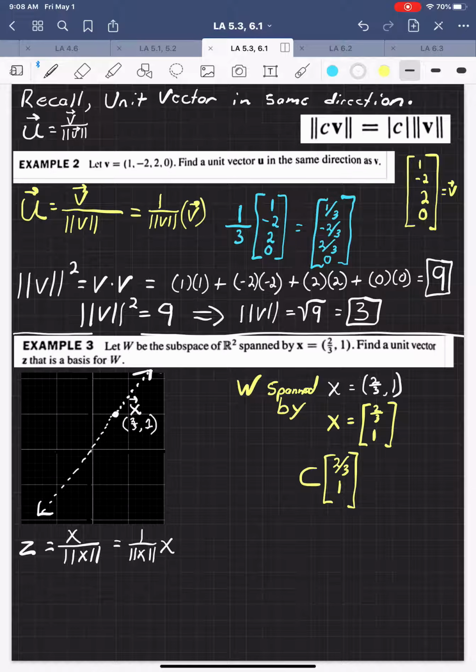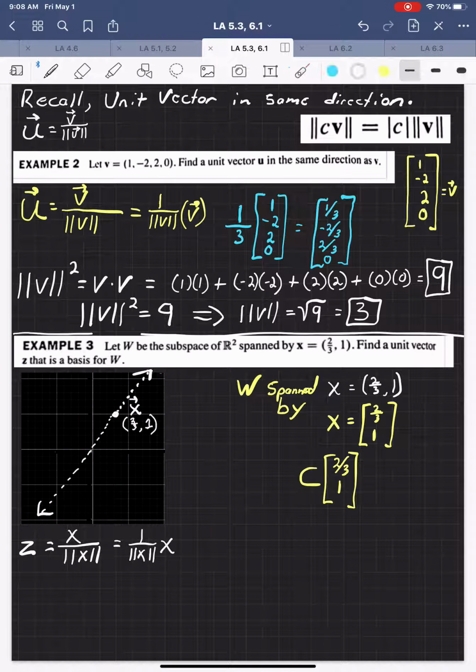All right. Now I will show you something that most textbooks do, and this is optional here. So will you agree with me that I can choose any c, any scalar that I want, and I would be within the subspace W, correct?